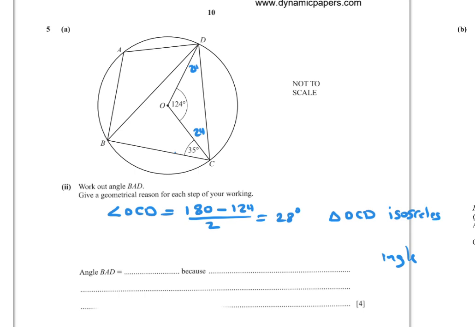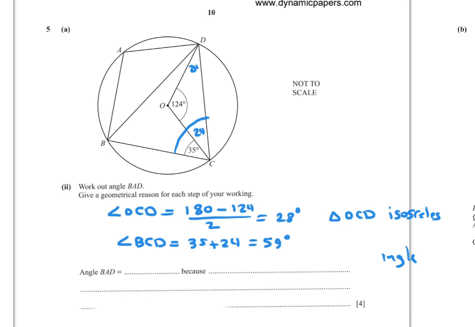We can find angle BCD. So angle BCD equals 35 plus 24 equals 59. So this angle 59. Now we can find angle BAD.